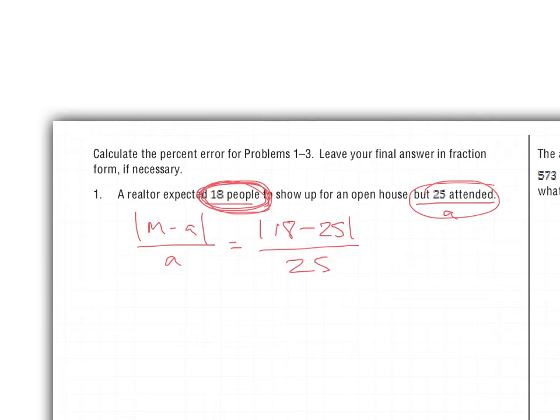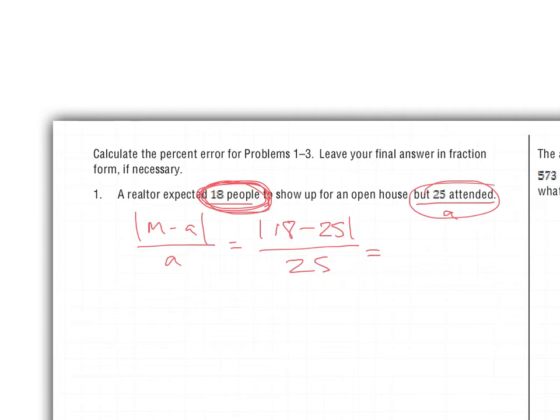This one's a little bit different because it's not an actual measurement. Our measurement, sometimes we need to think about as being our estimate or our guess. A lot of times this will happen when you're making predictions about things and how far off your prediction was. So in this particular case, we'll think about our measurement as being our prediction.